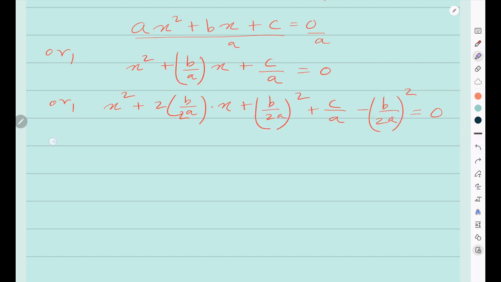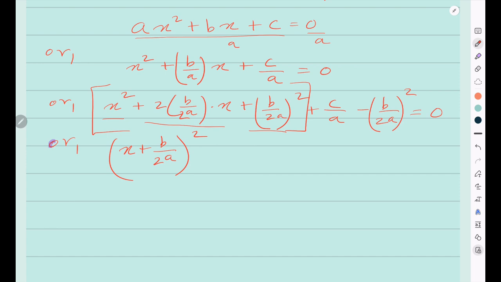So we can again see that this becomes in the form of a squared plus 2ab plus b squared, isn't it? And the formula is (a plus b) whole square, isn't it?